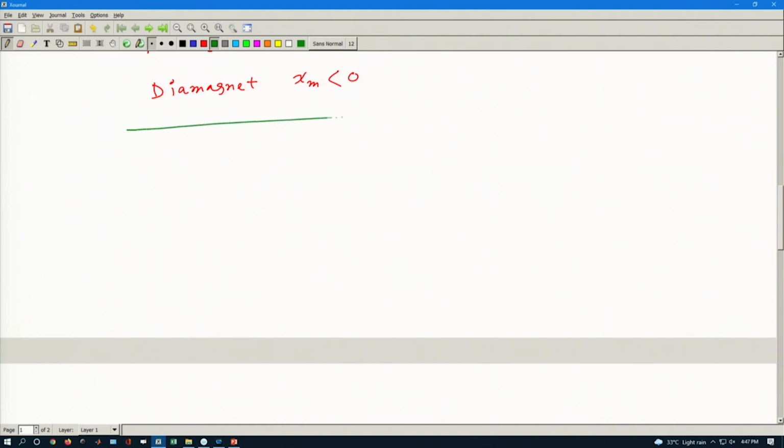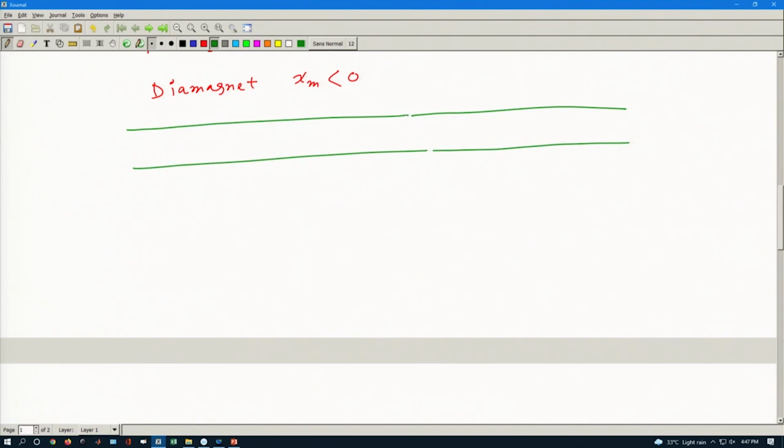Let us make a table here to give a rough idea. Here we have paramagnetic materials, and these are the diamagnetic.